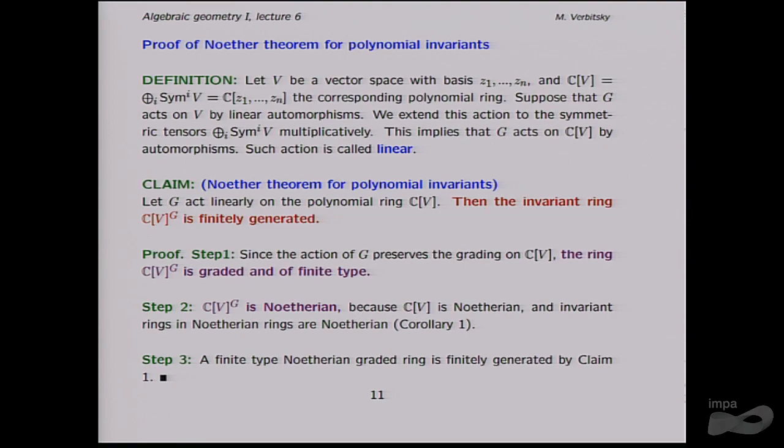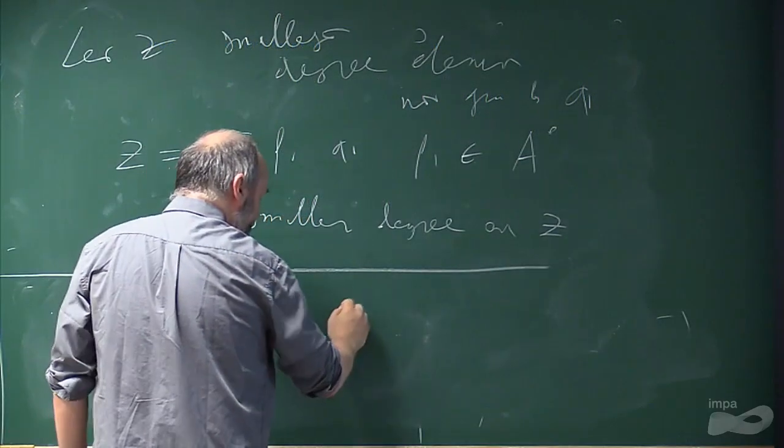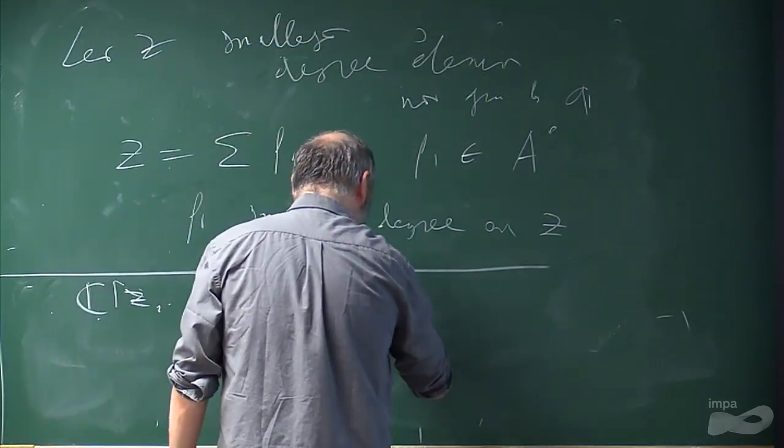So I need to prove the Noether theorem for polynomial invariants. It's easy. We need to prove that the invariant ring C[z1, ..., zn]^G is finitely generated.